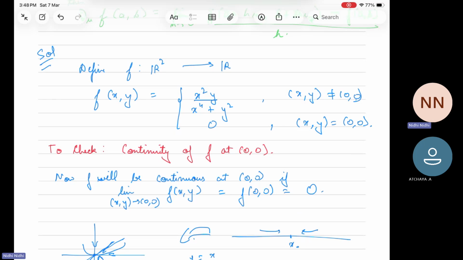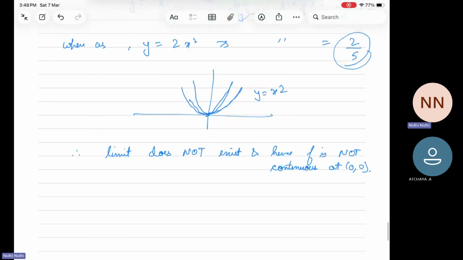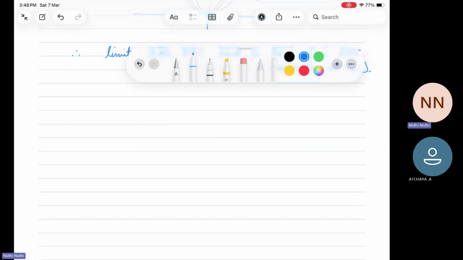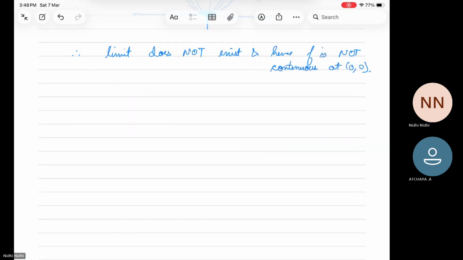So therefore the function is not continuous, but still we will see that in this case, the directional derivatives exist. Next, we need to check the directional derivatives.